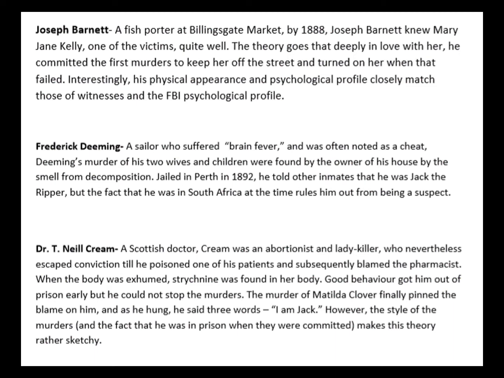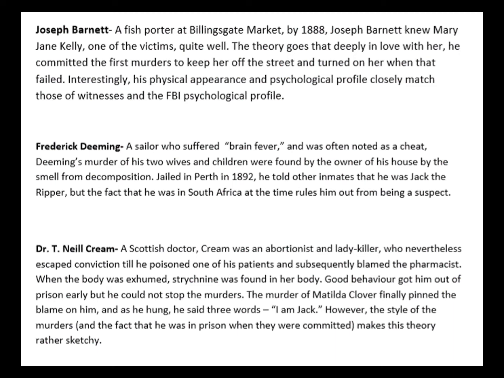He was caught in Kirriemuir, interestingly, and then he was sent to Perth prison in 1892. He had lived on the outskirts of Kirriemuir, between Kirriemuir and Forfar, before that, which is where this supposedly took place.